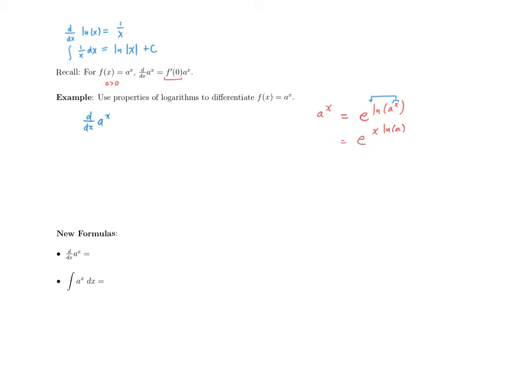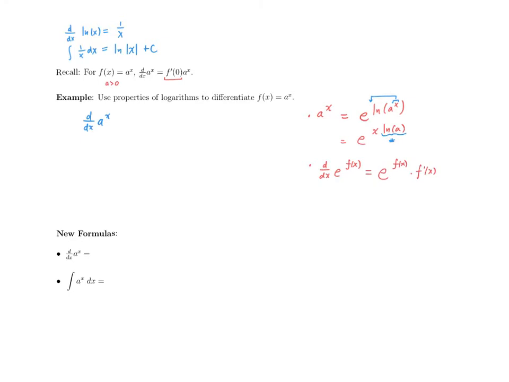And note that this natural log of a quantity we have is simply a constant or a number. And one last observation to make is when it comes to differentiating e raised to a function, we can do this very quickly, very efficiently using the chain rule. We take the derivative of the outside function, evaluate it at the inside, multiply it by the derivative of the inside.